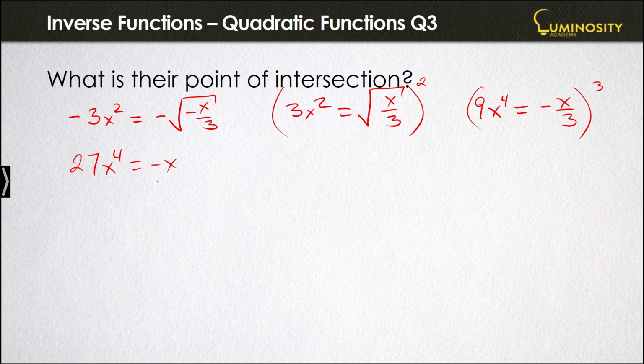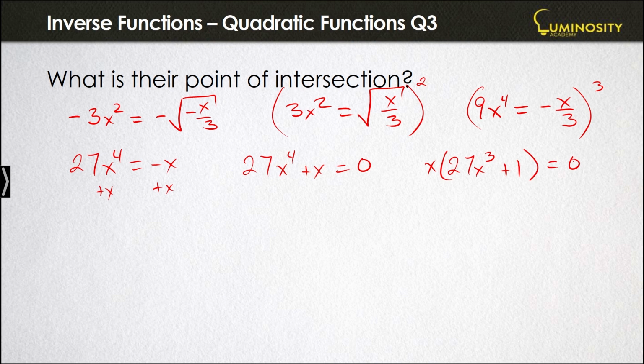So now we want to bring this x to the other side, and we get 27x to the 4 plus x equals 0. So you may think that at this point we want to factor, and you'd be right. So we'd have x times (27x to the 3 plus 1). And this is going to be equal to 0.